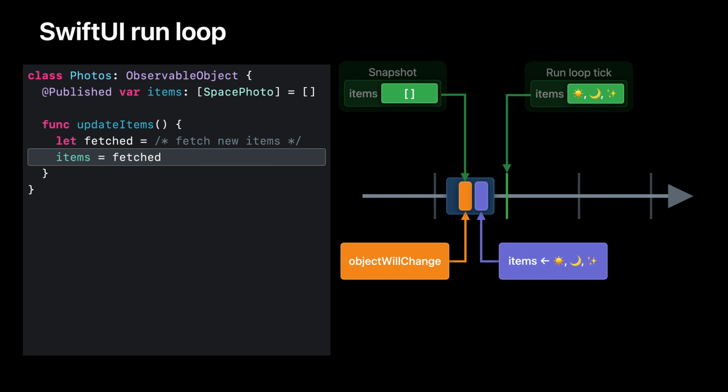Because these values are different, SwiftUI knows to update my views that depend on photos. Note that because object-will-change, updating the storage, and the run loop tick all happen on the main actor, they're guaranteed to happen in order.